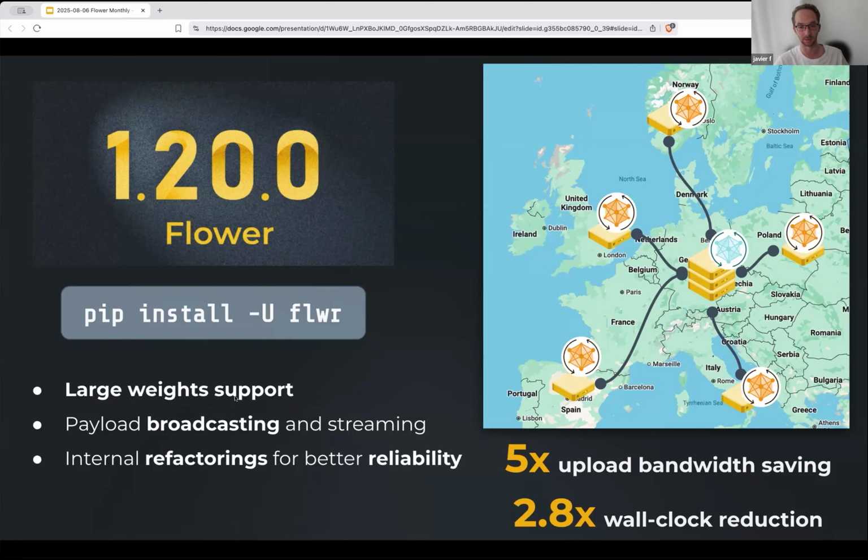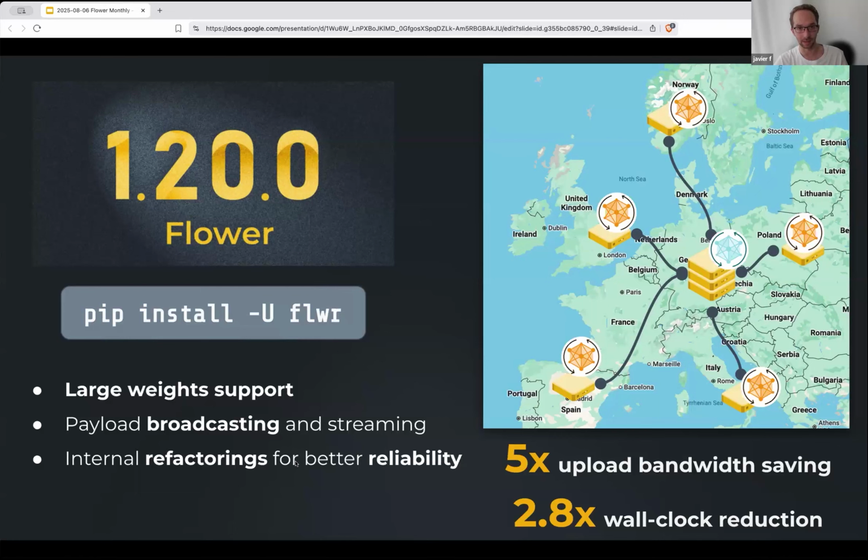So these are the two flagship features in Flower 1.20. All this comes transparently to you, so all the apps you have already been developing can benefit from these two features, and you don't have to make any changes to your code. In addition to this, there are also a number of refactorings and fixes to make the system more reliable.